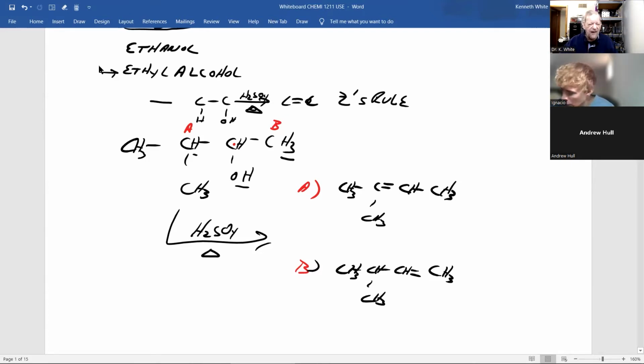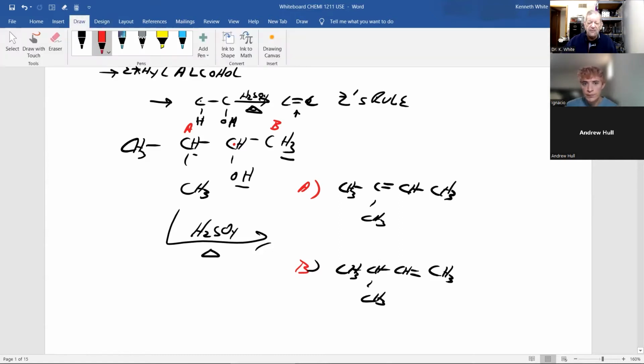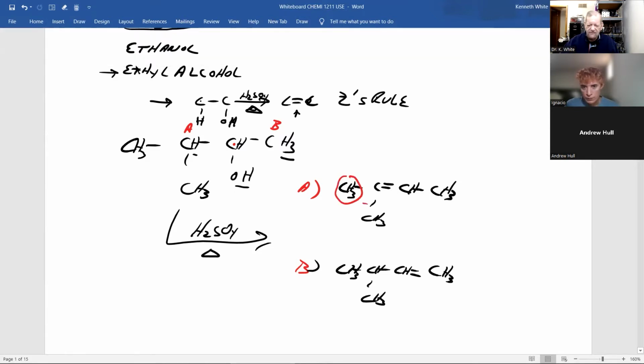Again, the general reaction, hydroxyl group and an adjacent carbon, hydrogen, and between those two carbons, you form a double bond. Now, Zaitsev's rule works by, you get the product that has the most, listen carefully, carbon atoms directly bonded to the carbons of the double bond. So if we look in A, there's 1, 2, 3 carbon atoms directly bonded to the carbons of the double bond.